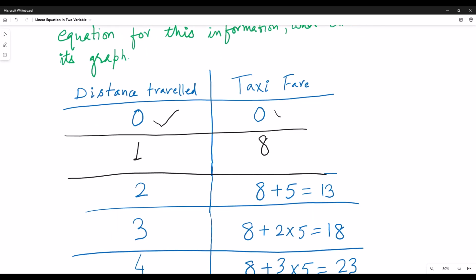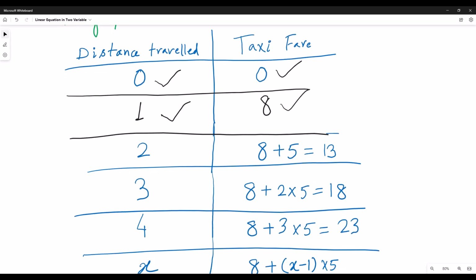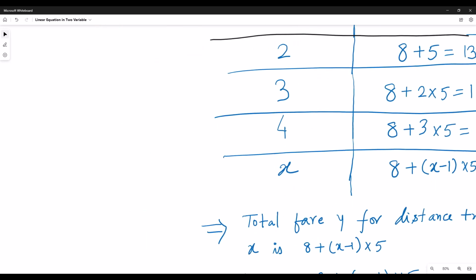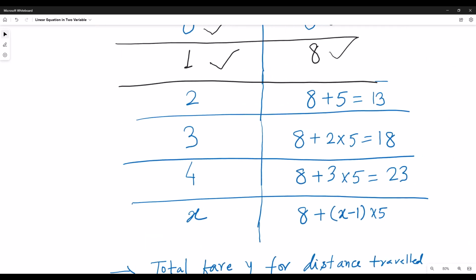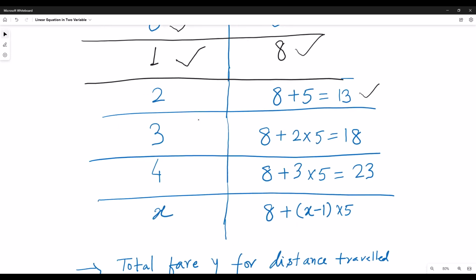Okay. So let us plot it. If you travel 0 distance, you pay 0 rupees, right? But if you travel 1 kilometer, then you pay 8 rupees. If you travel 2 kilometers, then you pay 8 plus 5 rupees, that is 13 rupees. If you travel 3 kilometers, then you pay 8 plus 2 times 5, because after the first kilometer you pay 5 rupees per kilometer.